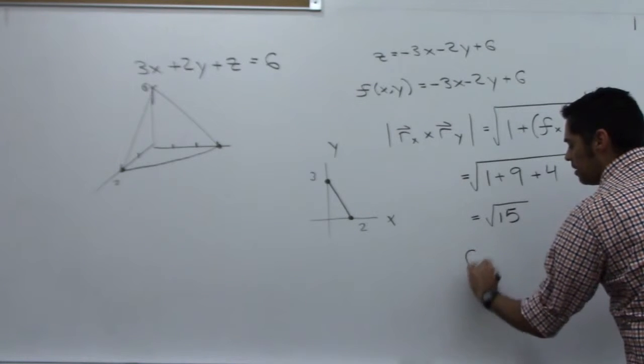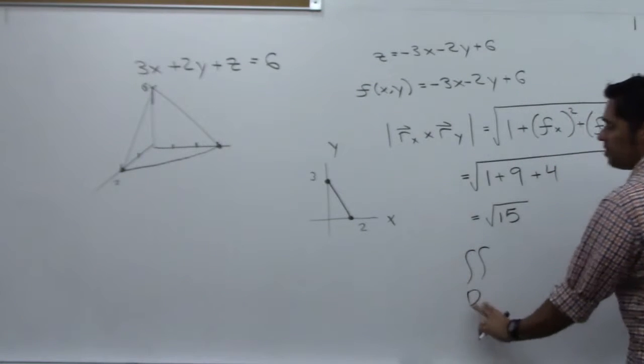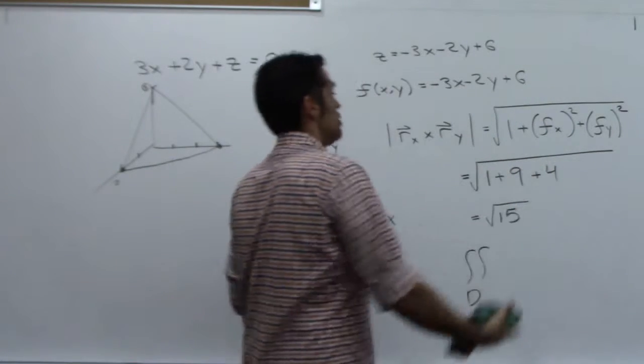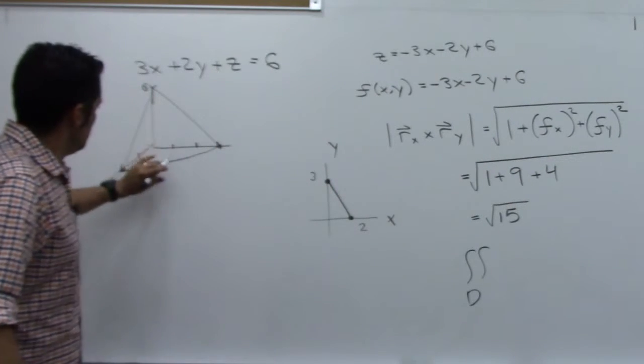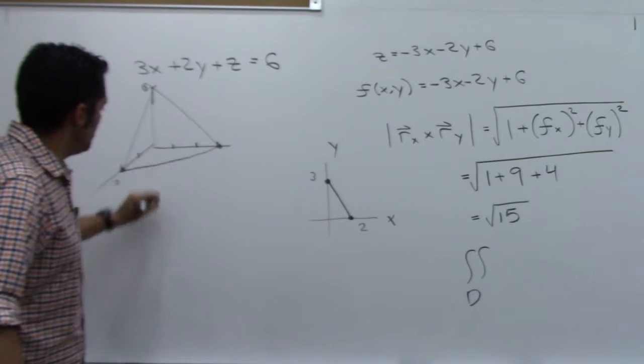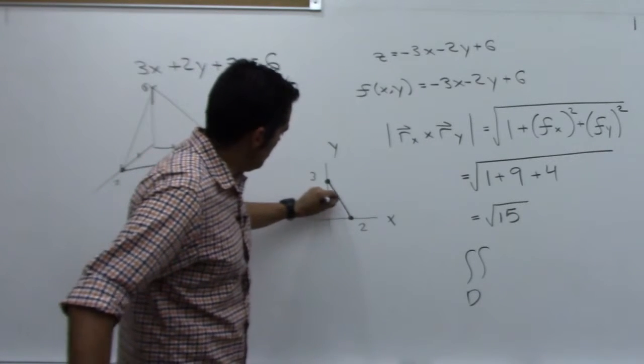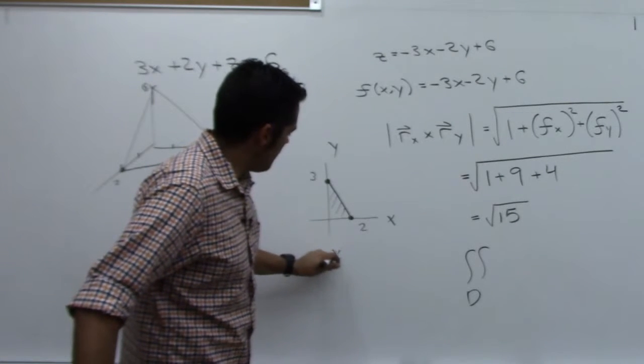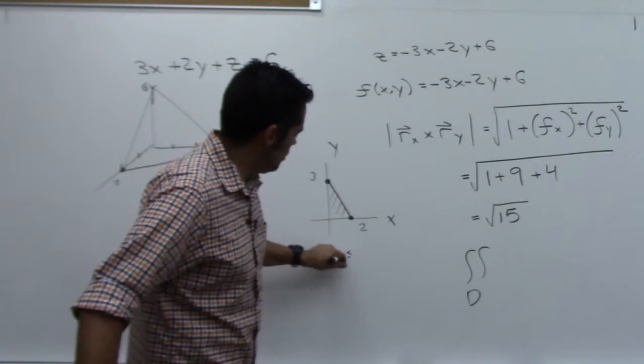The surface area will be the double integral over D. D is the restriction on x and y that draw the surface. But because x and y are on the ground here, it's really the restriction that gives us this, all right? So my x's go from 0 to 2.